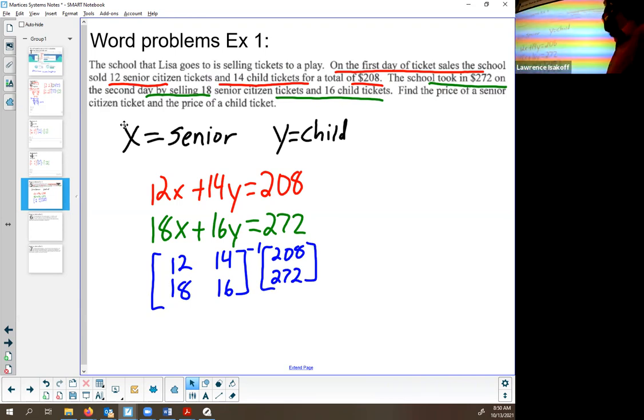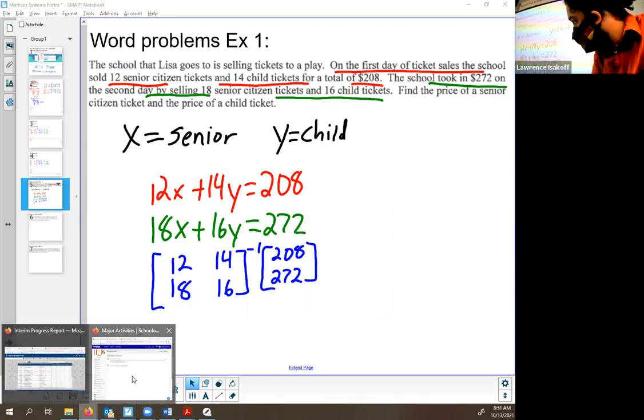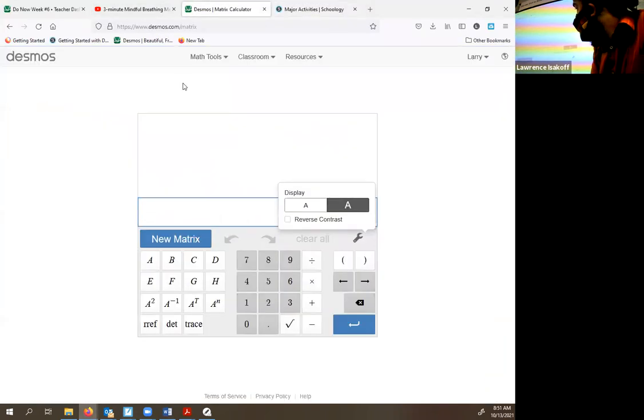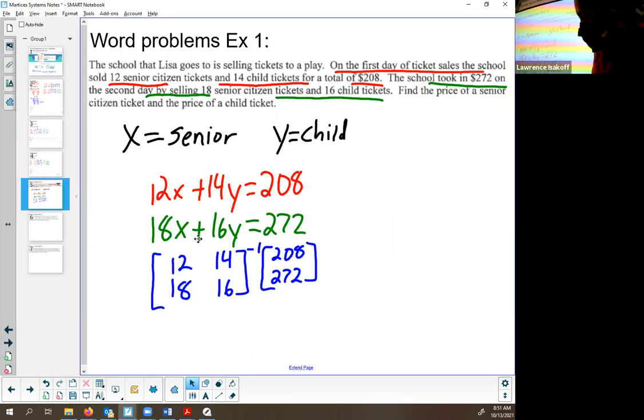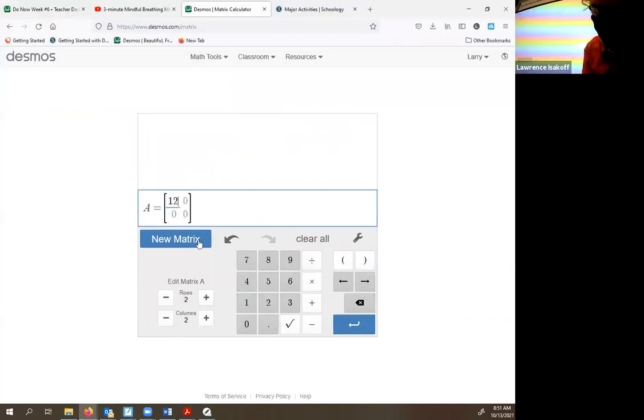Now remember, this is a real world problem, so I do need to write a sentence describing the answer here. So there we go. I go into here, I want a new matrix that was 12, 14, 18, 16.